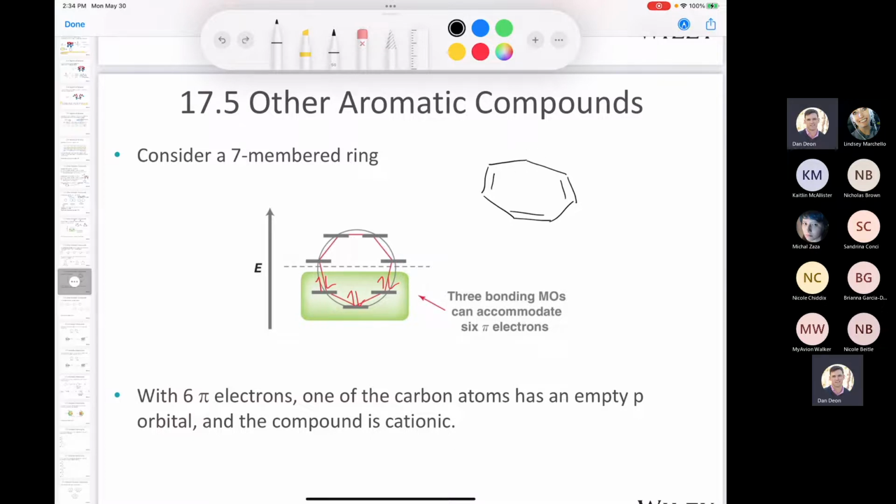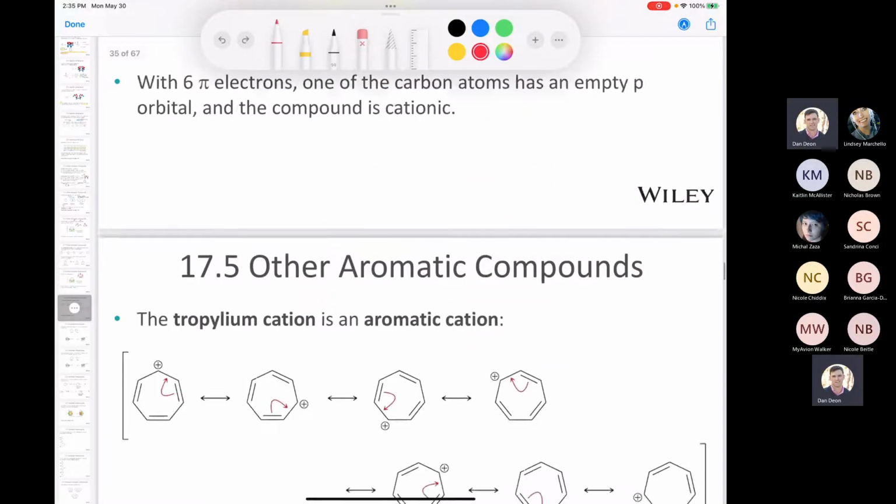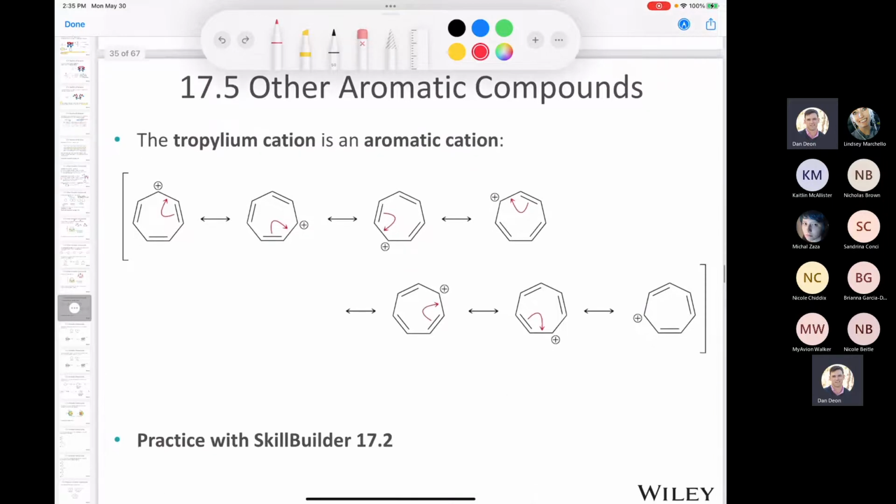What if this carbon here was a carbocation? Then it would be sp2 hybridized, and you'd have a continuously overlapping system of p orbitals. Everything has a p orbital on it, and you've got a Huckel number of electrons, right? You've got 1, 2, 3, 4, 5, 6 pi electrons. So this should be aromatic, and we call that, get this name, the tropylium cation.